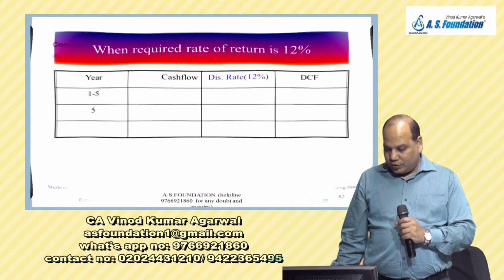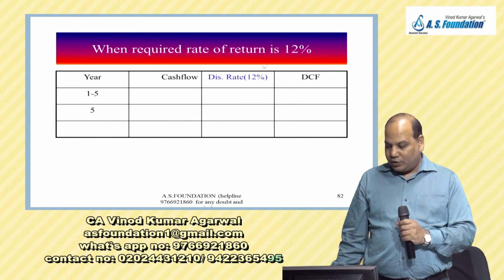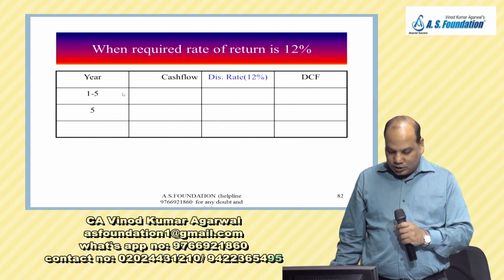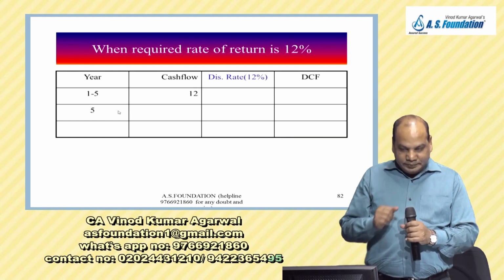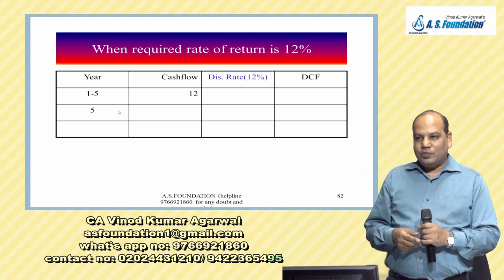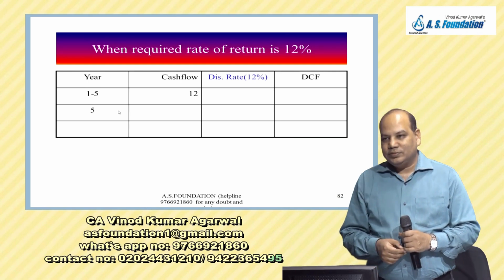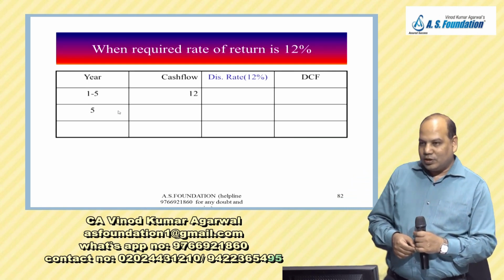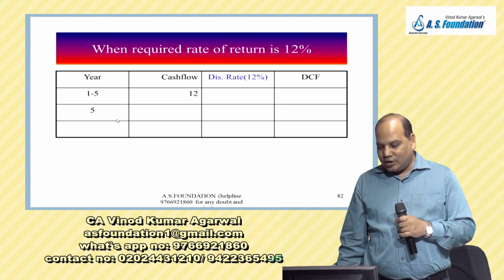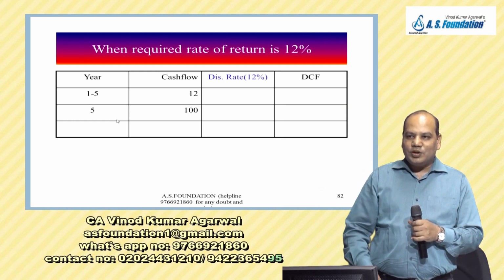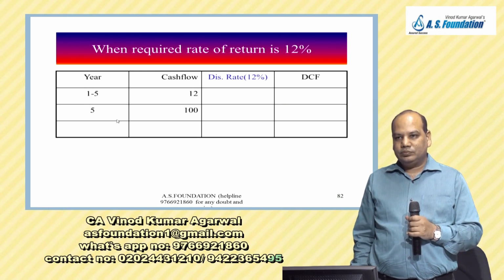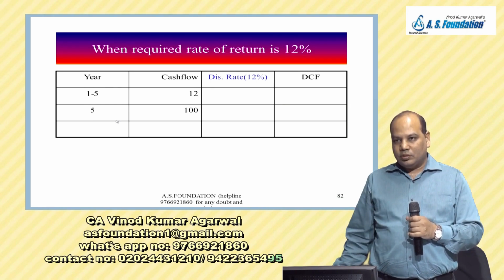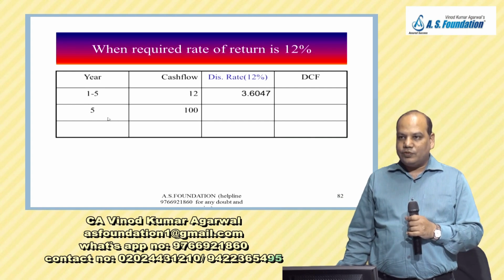Calculation of value of the bond if the required rate of return is 12%. First column year, 1-5 cash flow. How much cash flow each year the bond will generate? 12 rupees. And on fifth year 100 rupees. Take discounting factor at 12%. How much? 3.6047.